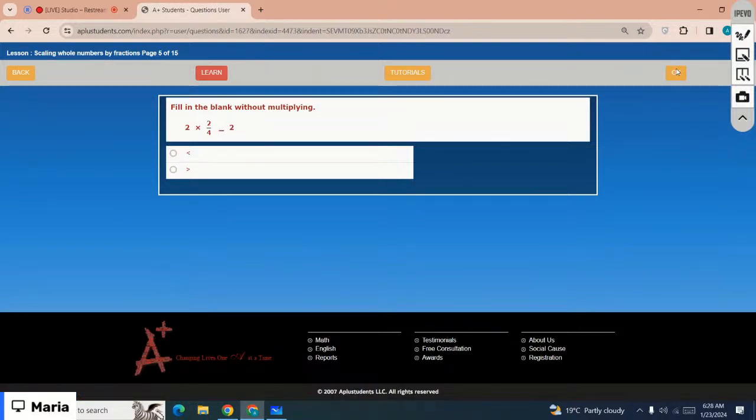Fill in the blanks without multiplying. 2 times 2/4, you have to compare it to 2. So which is the correct option?